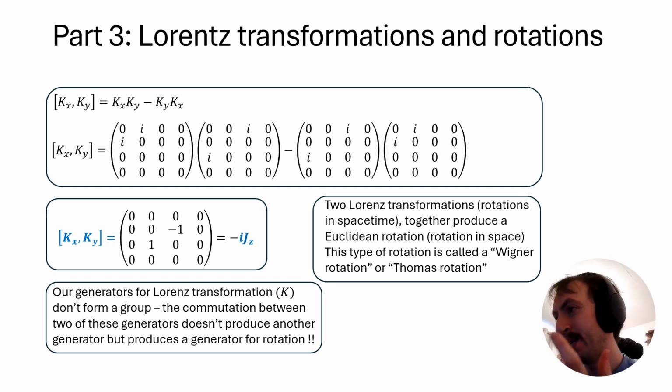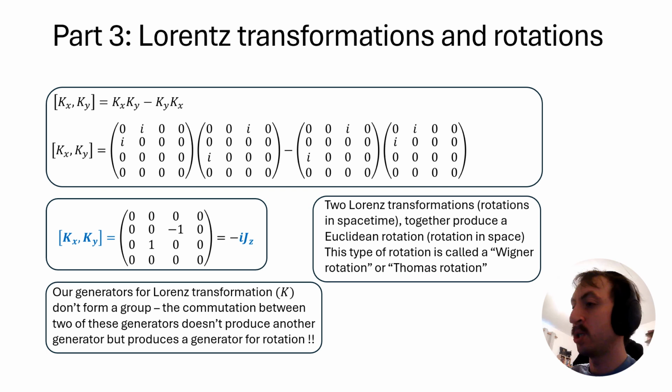However, we can get a group if we consider rotations around Euclidean space and the Lorentz transformations themselves together, and therefore have a group which features the matrices which are generated through our generators of K and the J generators.